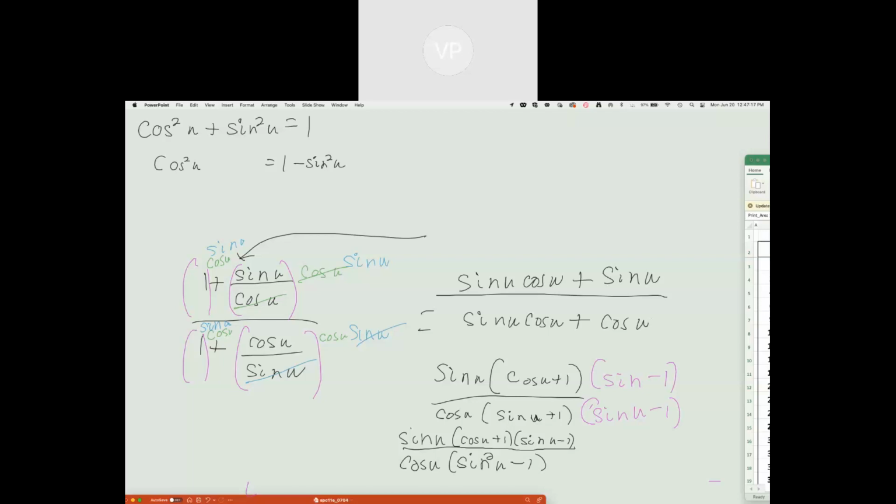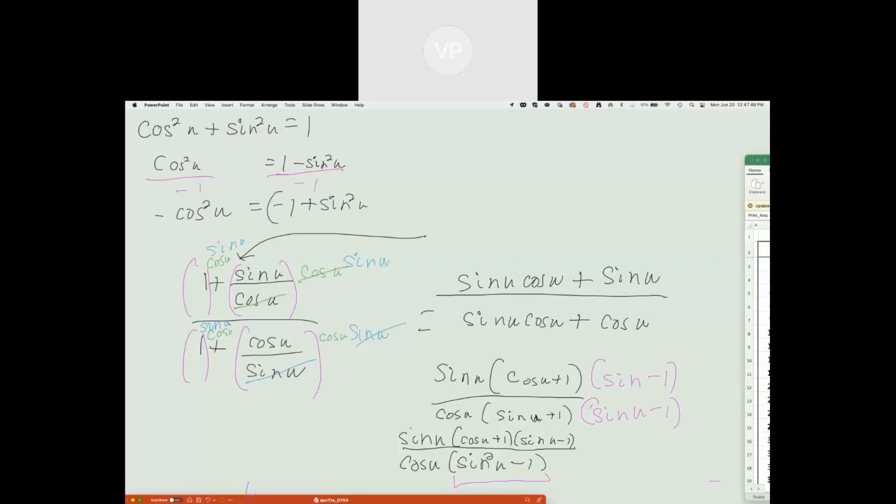Unfortunately, in this parenthesis, I don't have 1 minus sine square. I have sine square minus 1. That's not a problem. I can just divide everybody by negative 1 in that identity. And now I have negative cosine square u equals negative 1 plus sine square u.